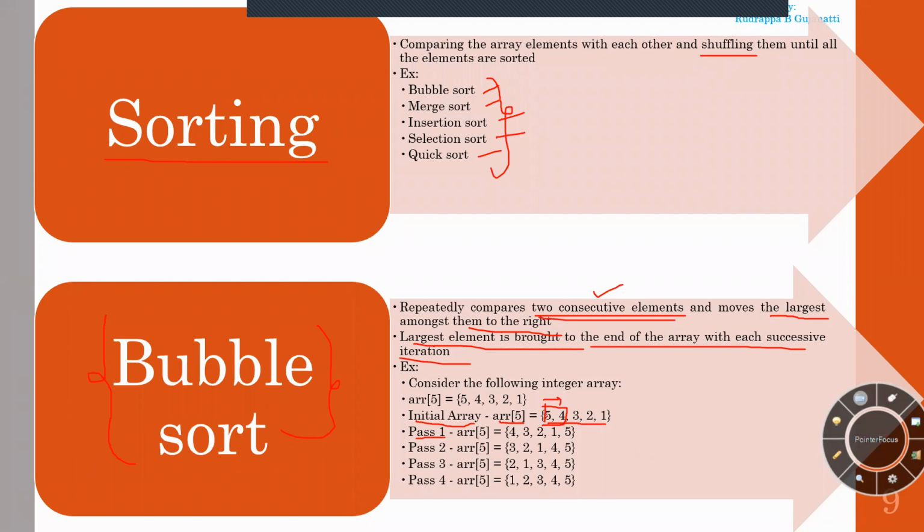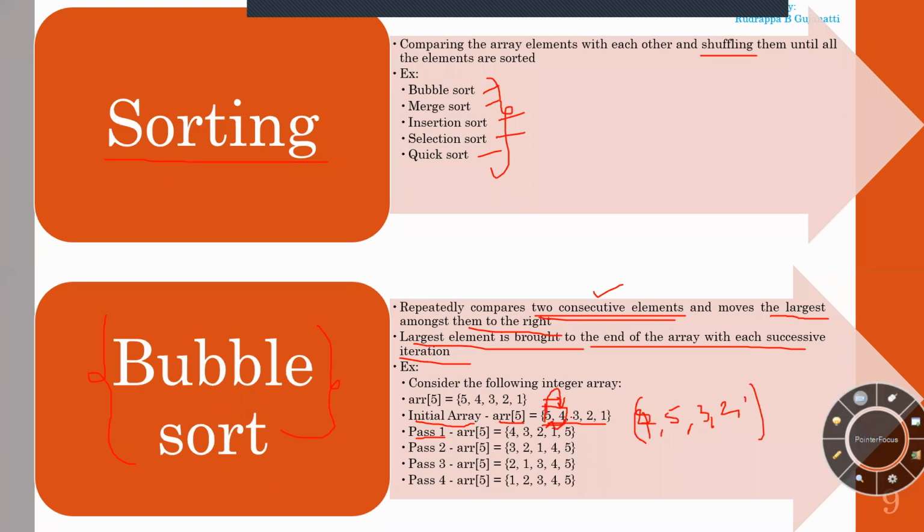So 5 moves to this position and 4 moves to this position, since 4 is lesser. So in the first iteration of the first pass, we have 4, 5, 3, 2, 1. So this is the arrangement.